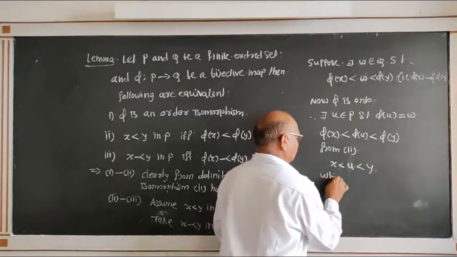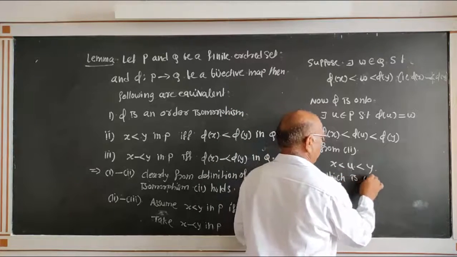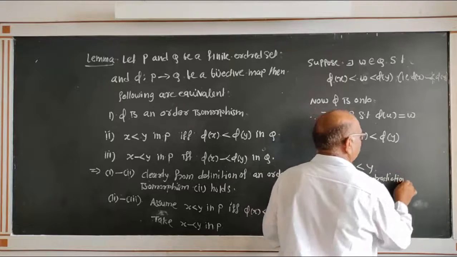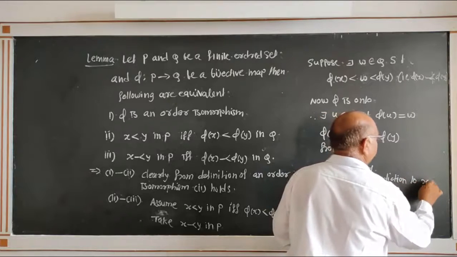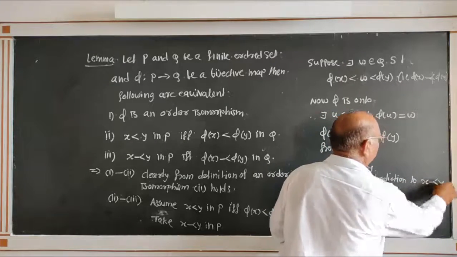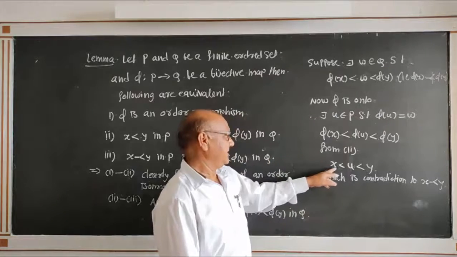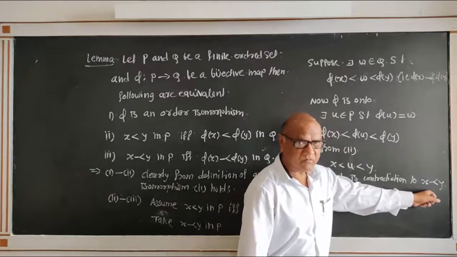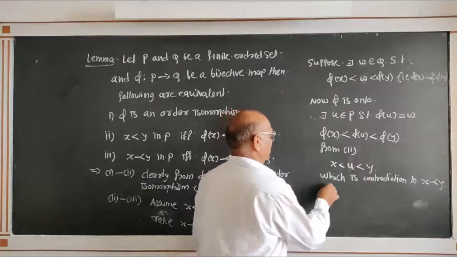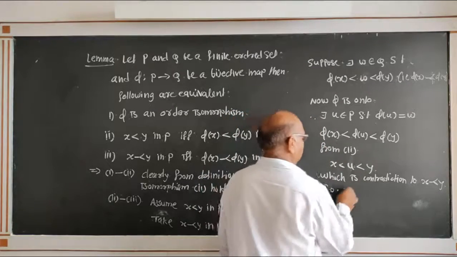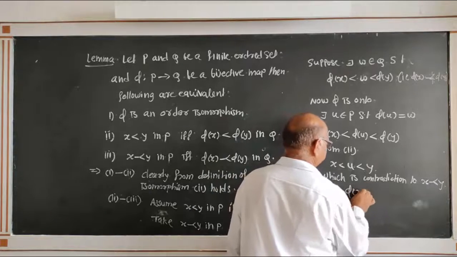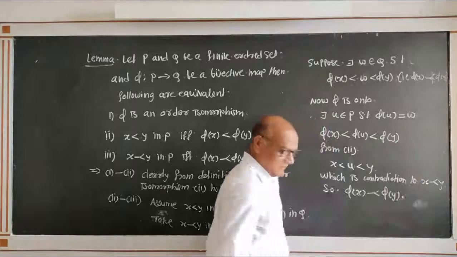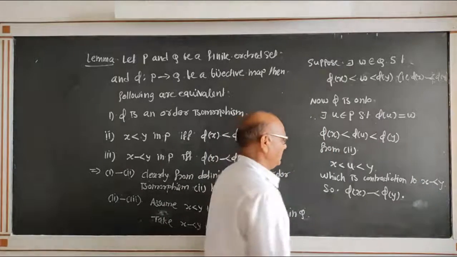This is a contradiction to x being covered by y. This statement contradicts that statement, and so phi(x) is covered by phi(y). That means third holds.